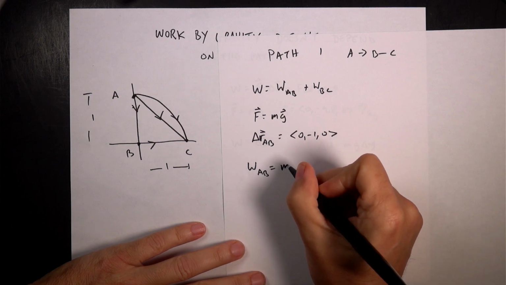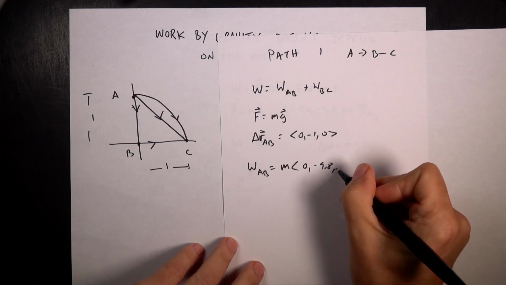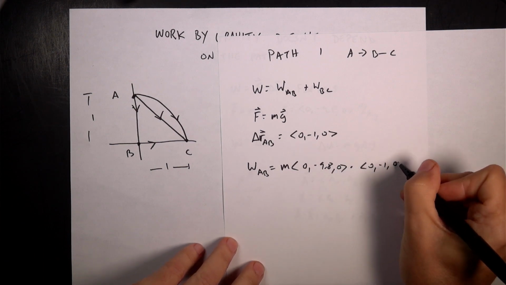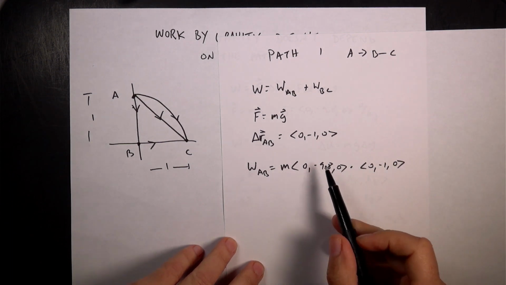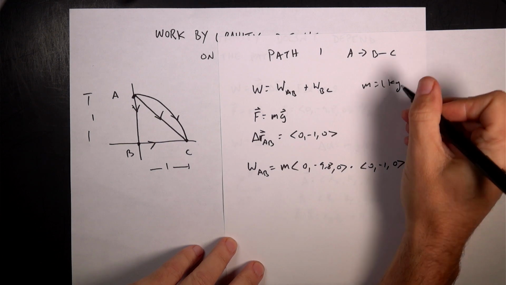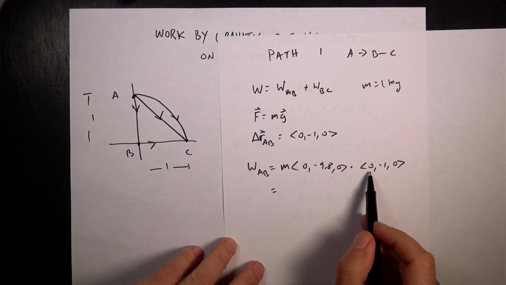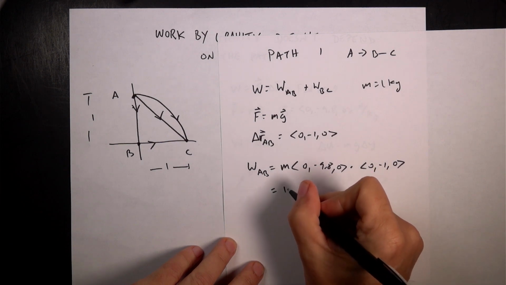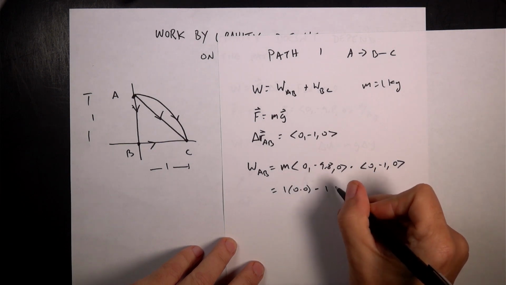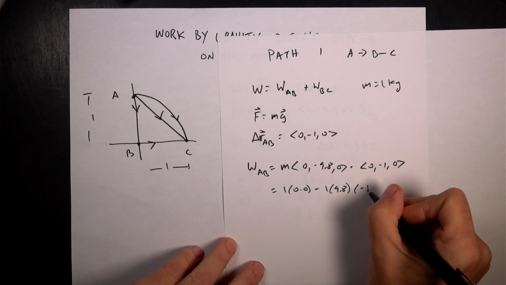It's going to be m times 0, negative 9.80 dot 0, negative 1, 0. So if I do the dot product, let's say that I have a mass of 1 kilogram. So it's going to be 0 times 1 times 0. So I get 1 times 0 minus 1 times 9.8 times minus 1, right?